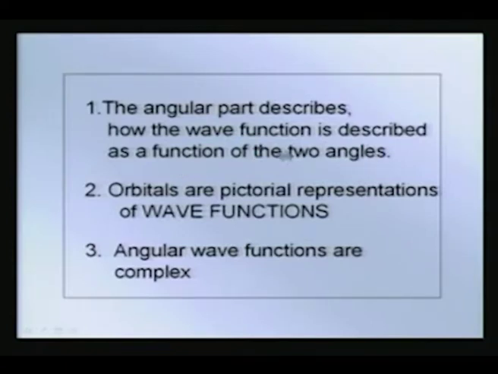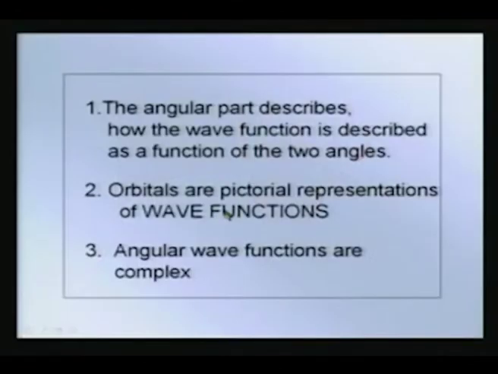The overall wave function is the angular part multiplied by the radial part, and orbitals are in principle pictorial representations of the overall wave functions, but here we are going to look at only the angular part and we are going to call them orbitals, but you have to be careful that the shapes and sizes of these orbitals will be different for different p orbitals, namely 2p orbital will have a certain shape, 3p orbital will not have the same shape, because 3p orbital corresponds to n equal to 3, the radial part associated with that is different. So we have to keep that in mind.